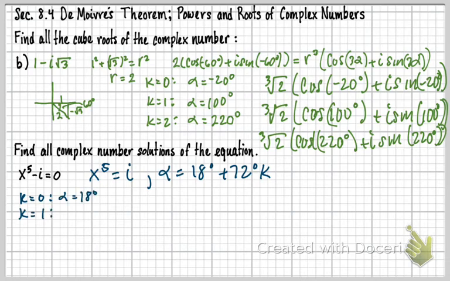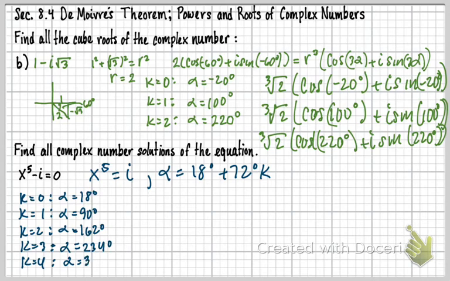For k equals 1, alpha equals 90 degrees. For k equals 2, alpha equals 162 degrees. K equals 3, my alpha is going to equal 234 degrees. And then k equals 4, my alpha is going to equal 306 degrees, and that's the last one. So those are going to be our angle measures.